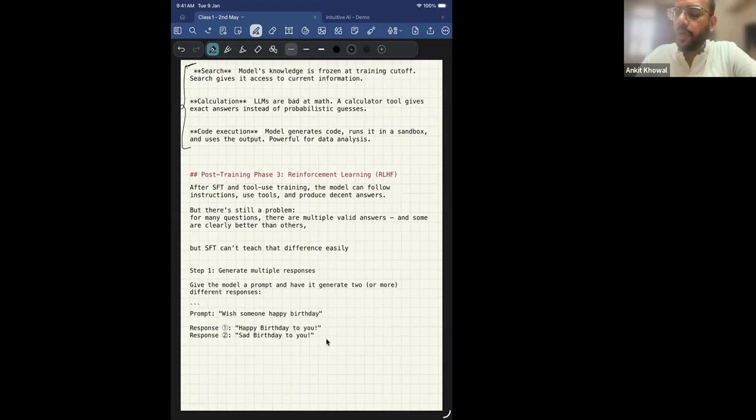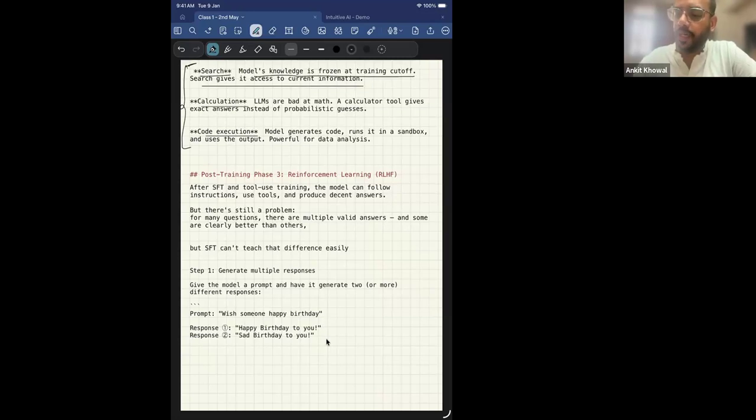How does it get taught? A search tool is provided to the model, a calculation tool is provided to the model, a code execution tool is provided to the model. Why is the search tool provided? Because the model's knowledge is frozen at the training cutoff. Search gives it access to current information. So if you ask any question which is trending right now, the model has been trained only till January data, but it can answer your current question also.